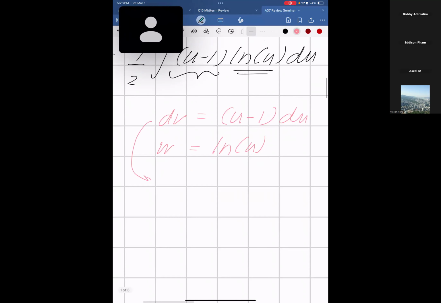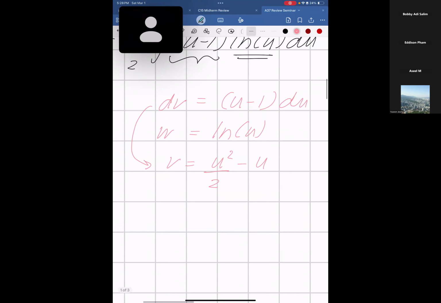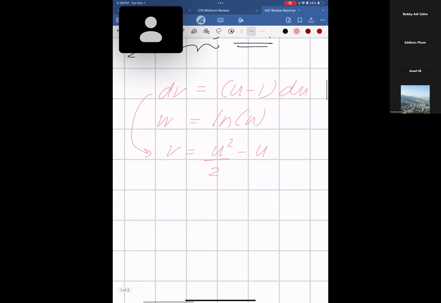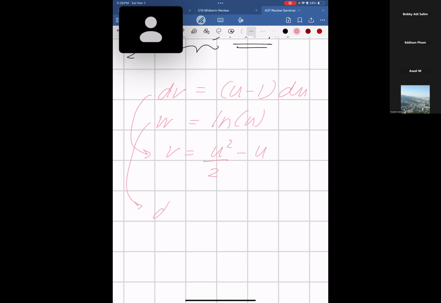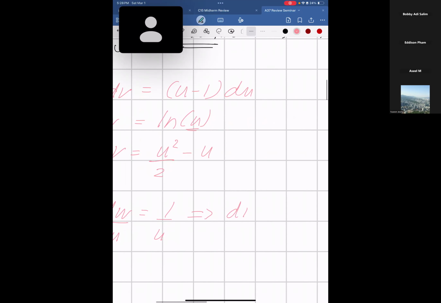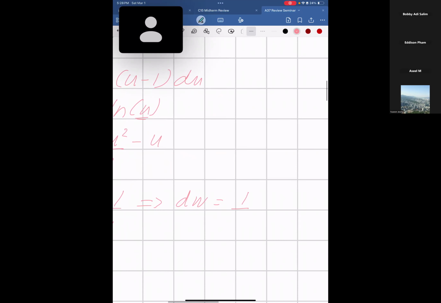So from dv, we get v. You're going to integrate this, right? So v is, what's the integral of u minus 1? It's just u squared over 2 minus u. And for w, since you're going to differentiate it with respect to u, dw over du is 1 over u, which implies dw is 1 over u du.